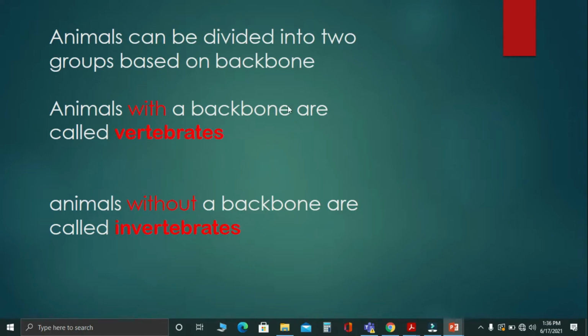Now, based on the presence or absence of the backbone, we can categorize these animals into two groups. Animals with backbone, they are called vertebrates. Okay, children. Then animals without backbone, they are called invertebrates.